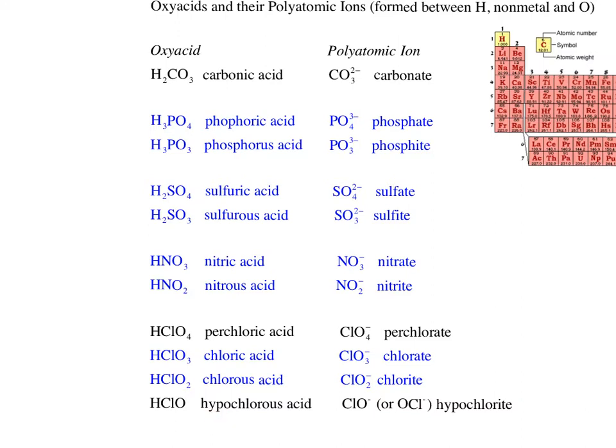And here you have a hypo in front of chlorous acid. And hypo means it's the least number of oxygens that are possible to be bound by it. Okay, so you've got to memorize these, even though on a test you've got them sitting right in front of you. You've got to memorize them anyway. You need to know these if you're going to be able to talk chemistry and science with other professionals that you will undoubtedly interact with later in life.